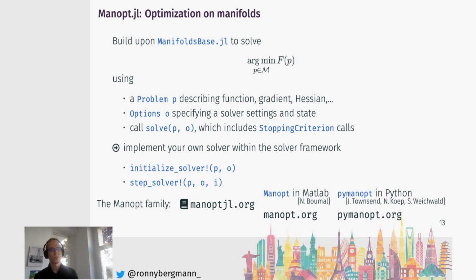And we also provide a lot of stopping criteria to specify when to stop. A solver usually consists of two functions, initializing the solver and doing one solver step. And this all falls into the regime of Manopt, which started in MATLAB, manopt.org, and is also available as PyManopt, and now also based on the framework just presented in Julia.